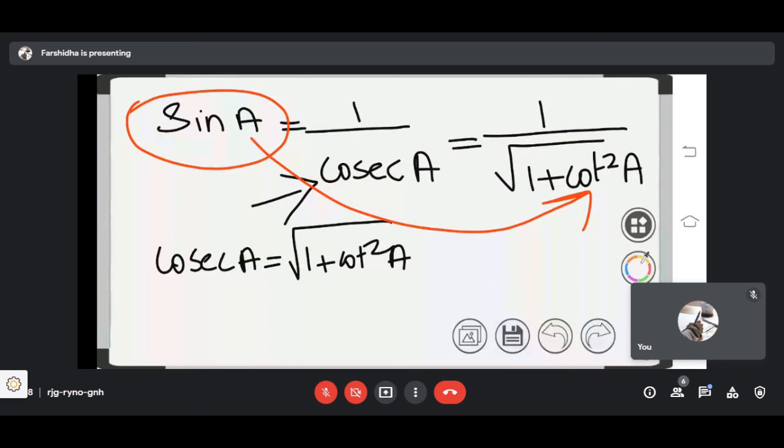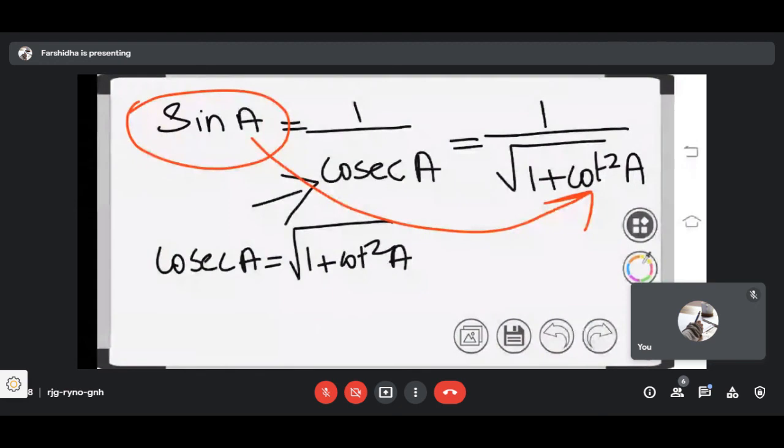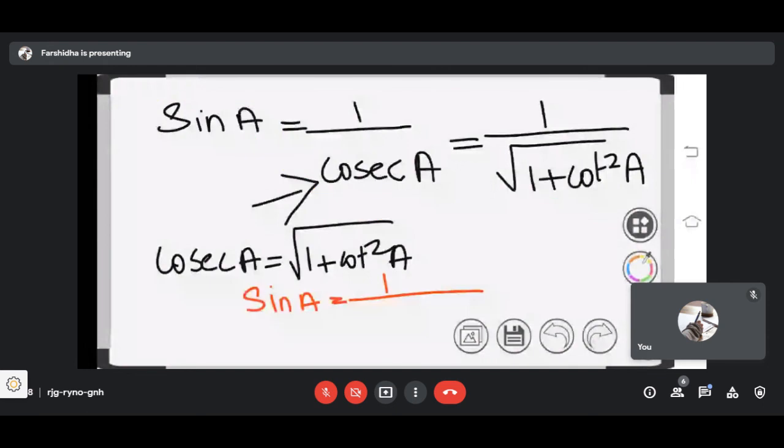Finally, sin A is equal to 1 by root of 1 plus cot square A.